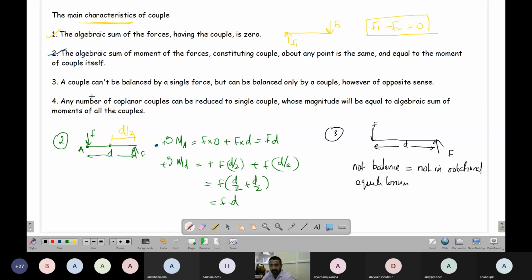A couple can't be balanced by a single force. If I apply any single force, I cannot balance this. It can be balanced only by a couple in the opposite direction, so you have to apply forces in this direction.